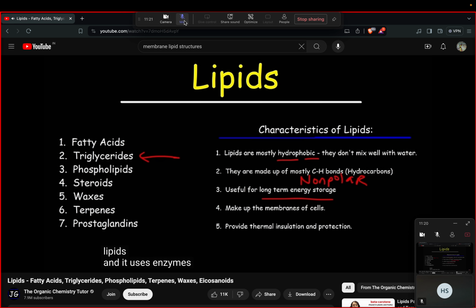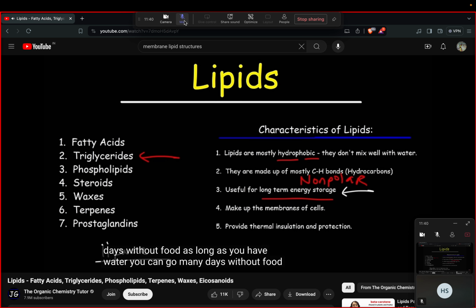And it uses enzymes such as lipase to break down triglycerides into fatty acids and glycerol so that your body can derive energy from these molecules. So they're very useful for long-term energy storage. Your body can go days without food. As long as you have water, you can go many days without food because of these triglyceride molecules. They're very effective in storing energy. In fact, they can store more than twice the amount of energy compared to carbohydrates.